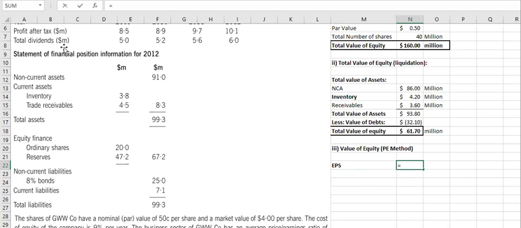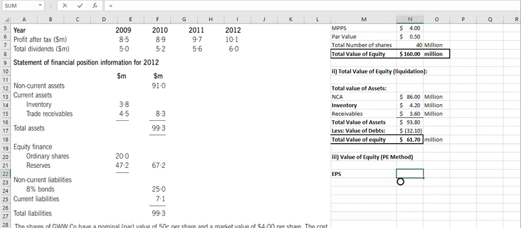And here we go. As per the question, from 2009 to 2012, the earnings of the company have been 8.5, 8.9, 9.7, 10.1 respectively. But we have to pick the latest figure for the earnings, which will be the most relevant figure. So 10.1 million earnings are there for the business in total.